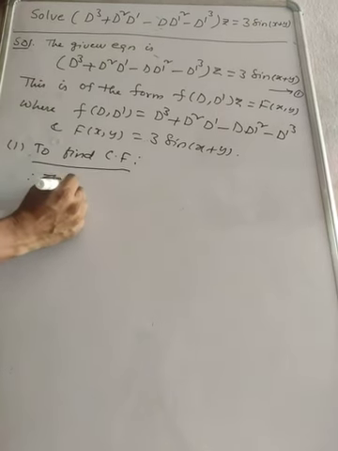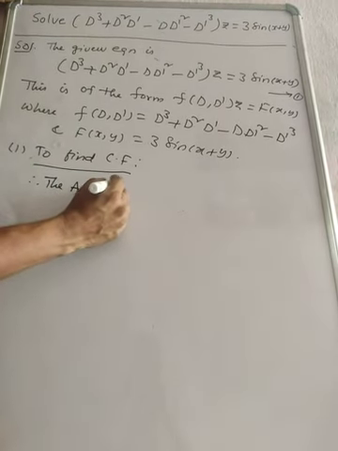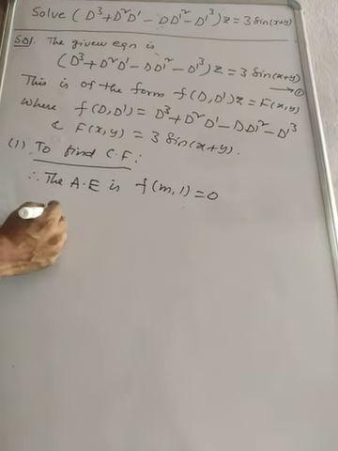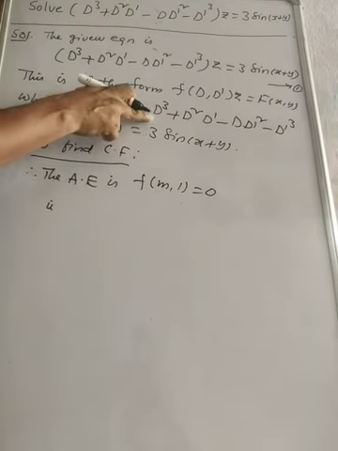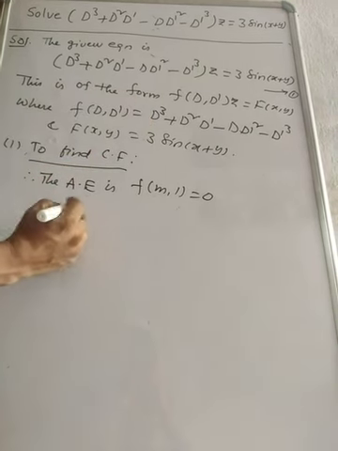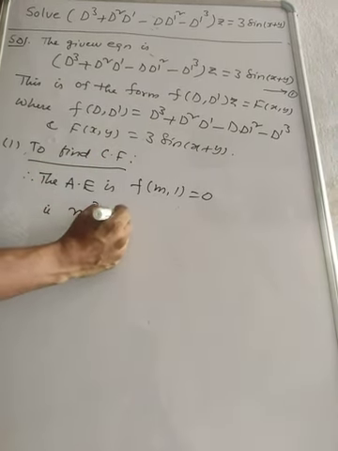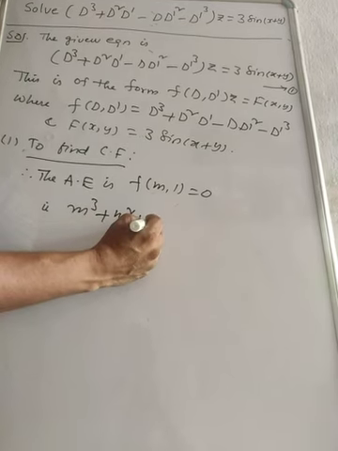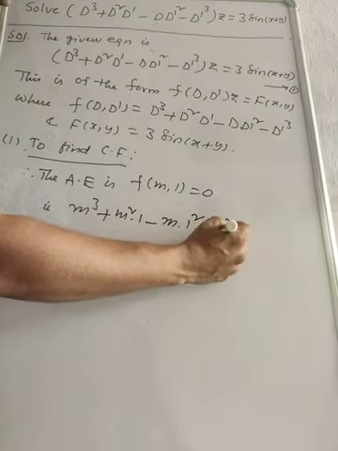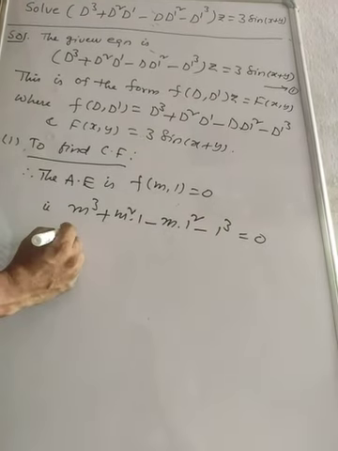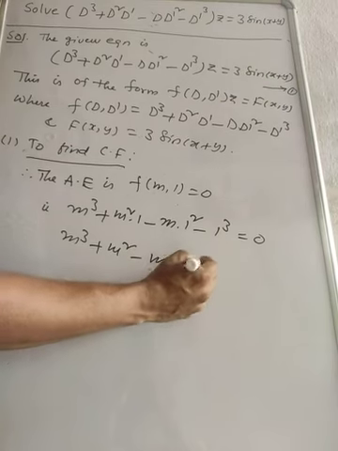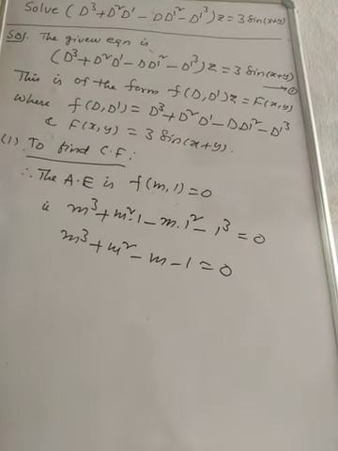Therefore, the auxiliary equation is f(m, 1) = 0, that is, replacing D by m and D' by 1. That is m³ + m²·1 − m·1² − 1³ = 0, that is m³ + m² − m − 1 = 0.